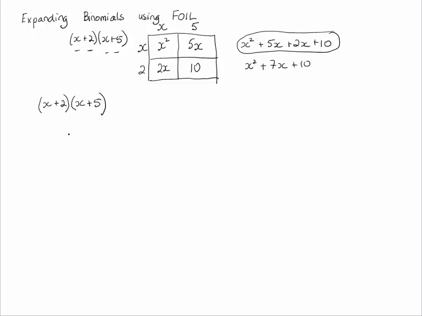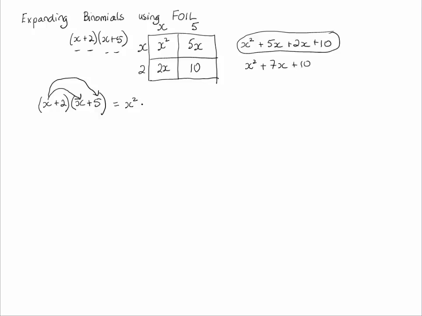So we're going to multiply the x by each of the terms in the second set of brackets. So x times the first term, x times x, is x squared. And we'll multiply the x by the second term in the second set of brackets.